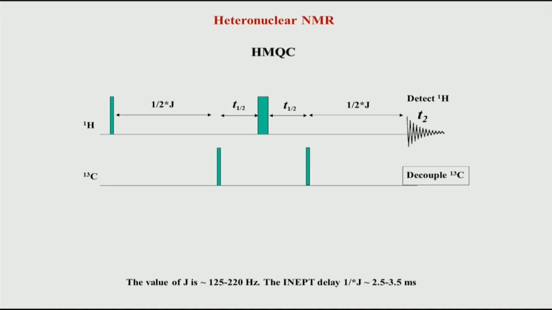What it means is that you can get the same information you got in HSQC with a much simpler pulse program. And why are fewer pulses useful? In general, each pulse is not 100% efficient due to several reasons, and that inefficiency gets multiplied as we apply more and more pulses.